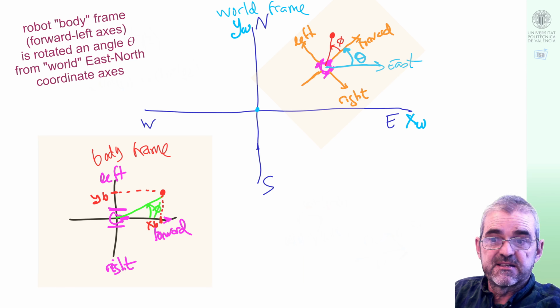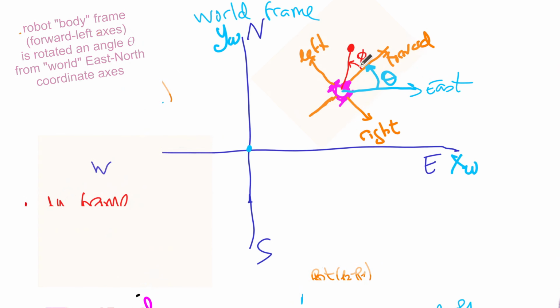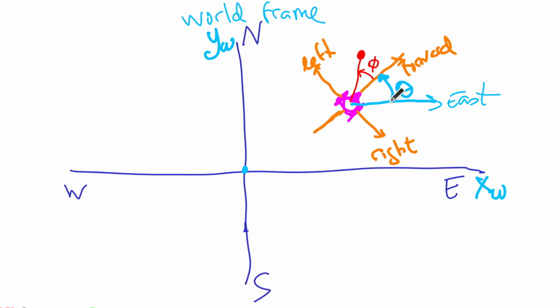So basically the idea is that in the world frame I will just need to add the angles and obtain the x world and y world coordinates with the sine and cosine of the sum of the angles. So this is it: 2D rotation is just sine and cosine of the sum of angles.